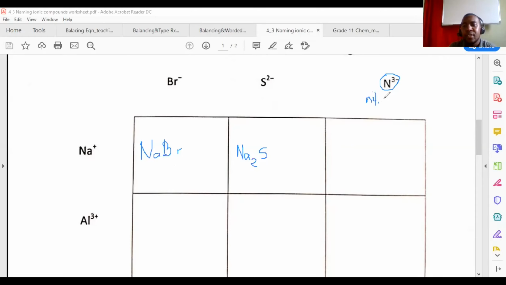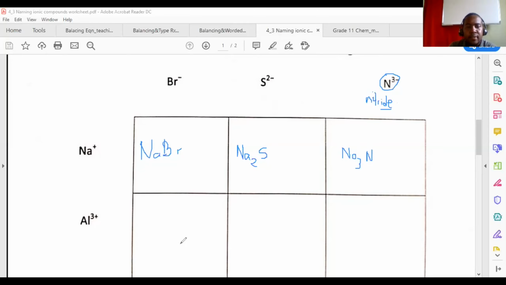The ion form of each element always ends with "ide." Because this is just N, it's an element, so it's nitride. In this case, it would be Na3N.